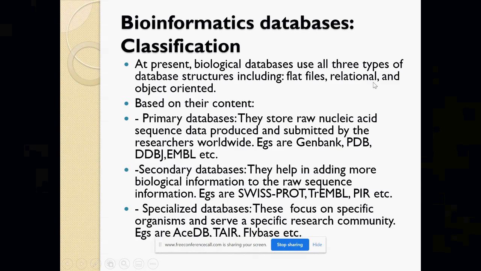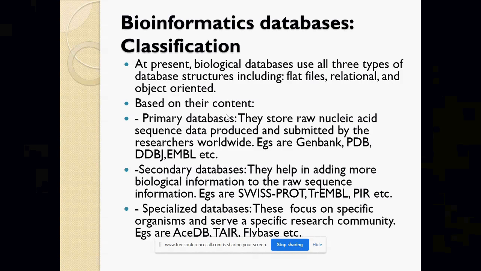Then biological databases also use the relational model, and they also use object-oriented. We do not need to understand right now how genes are put in relational or object-oriented formats. We will first understand, on the basis of content, what are primary biological databases, what are secondary biological databases, and what are specialized databases.